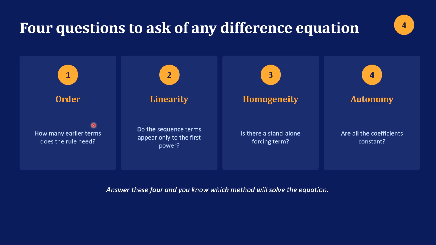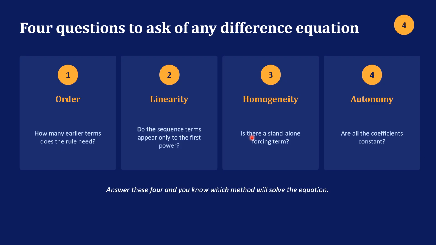There's 4 different classifications or methods of classifying a difference equation. One is the order. How many earlier terms does the rule need? Then there's linearity. Do the sequence terms appear only to the first power? So the example we just saw, that was first order and it was linear.